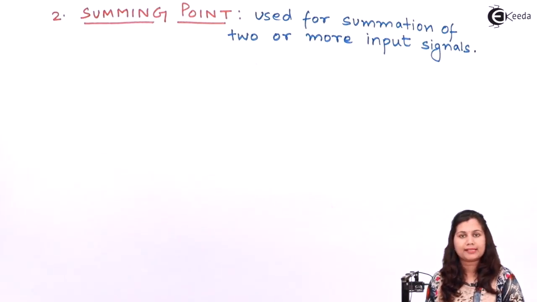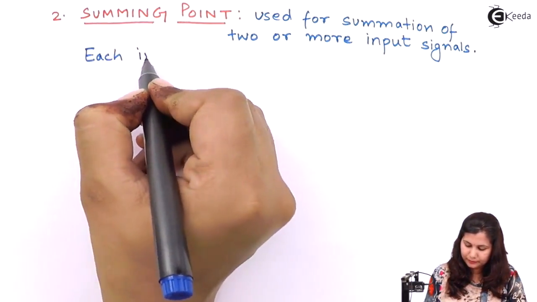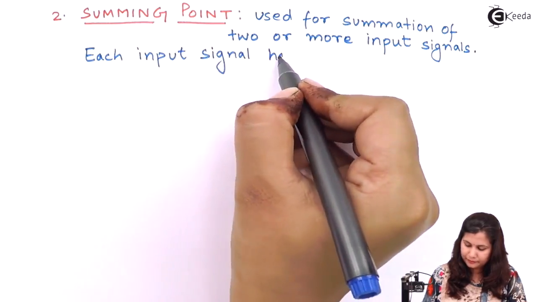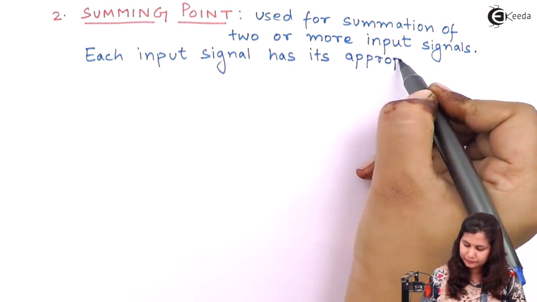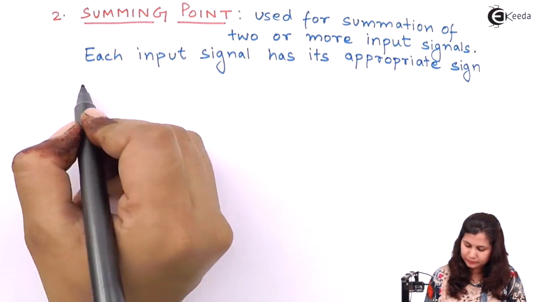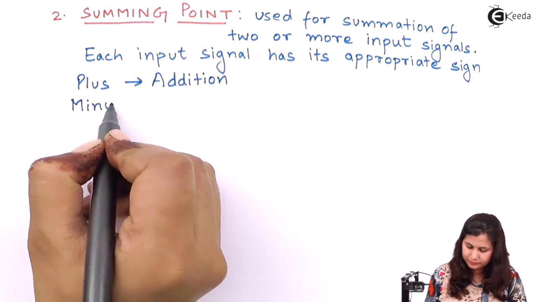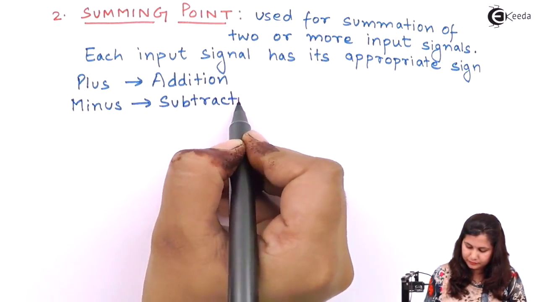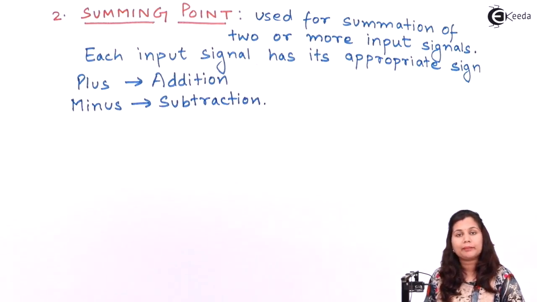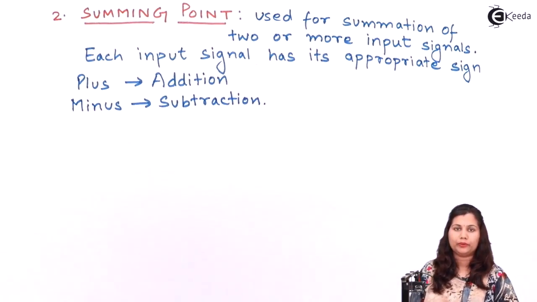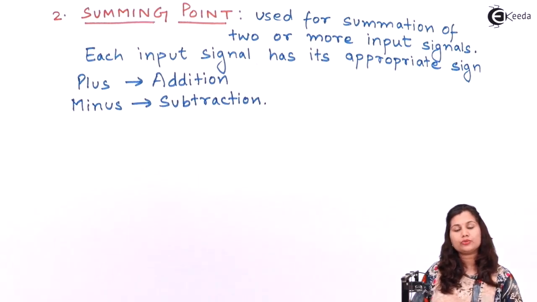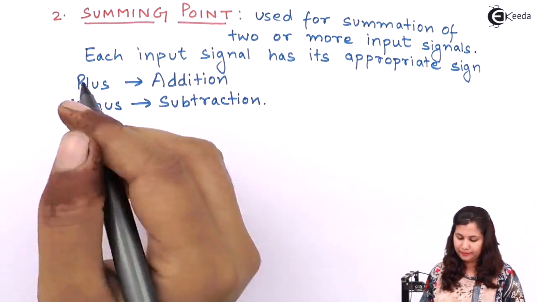If it has a plus sign, then the input signals are added up. And if the input signal has a minus sign, then subtraction takes place. Now the summing point has only one output and this output is equal to the algebraic sum of the inputs.